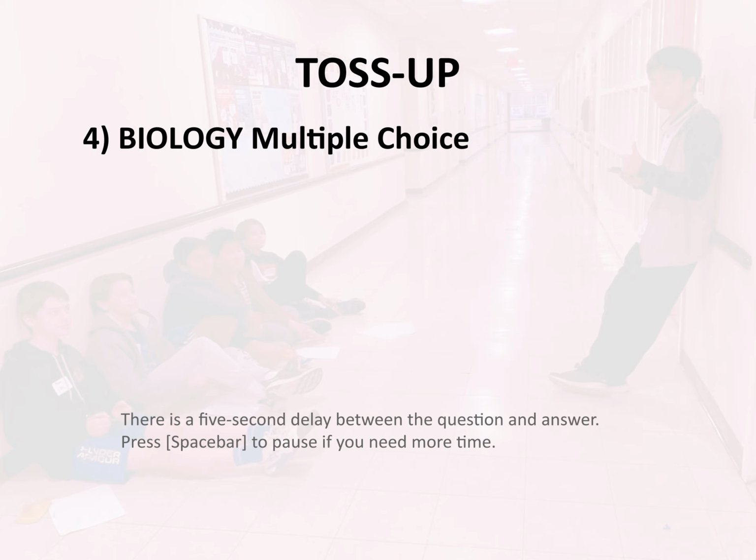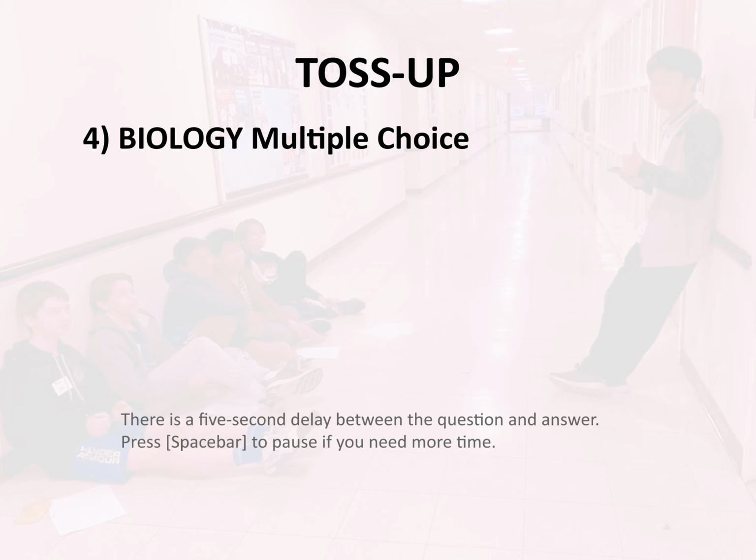Toss-up 4. Biology. Multiple choice. A man with an X-linked dominant trait has children with a female who is homozygous recessive for the trait. Which of the following proportions of his offspring will be affected by the trait?